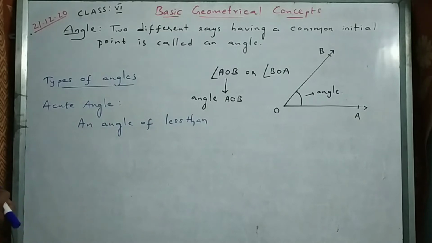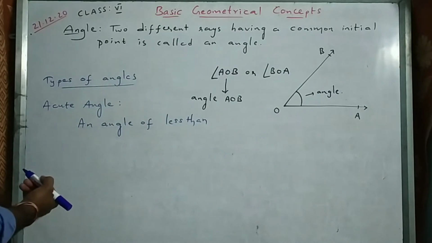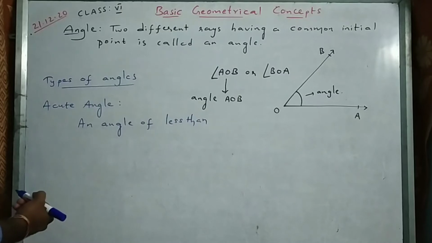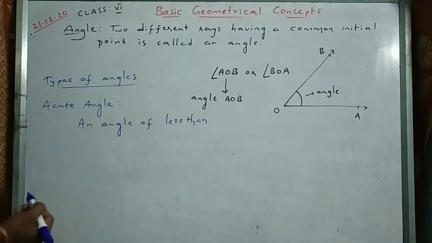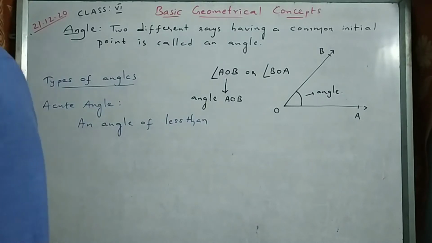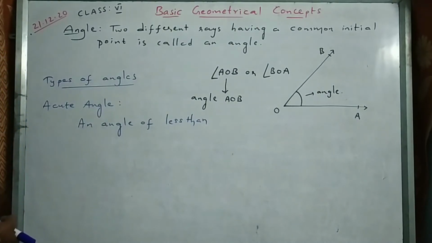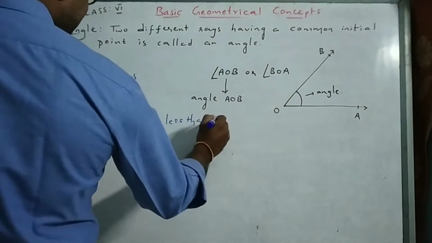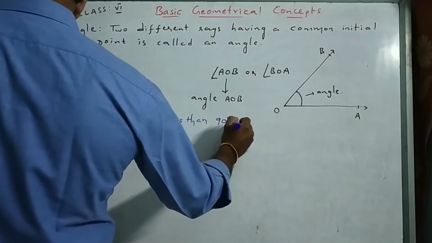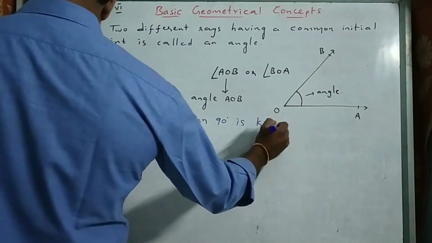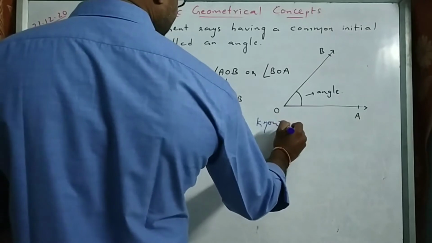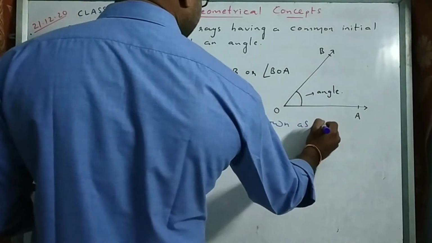You have seen in the previous class, we use a protractor to measure an angle, right? Do you remember? Protractor we are going to use to measure an angle. An angle of less than 90 degrees is known as an acute angle.